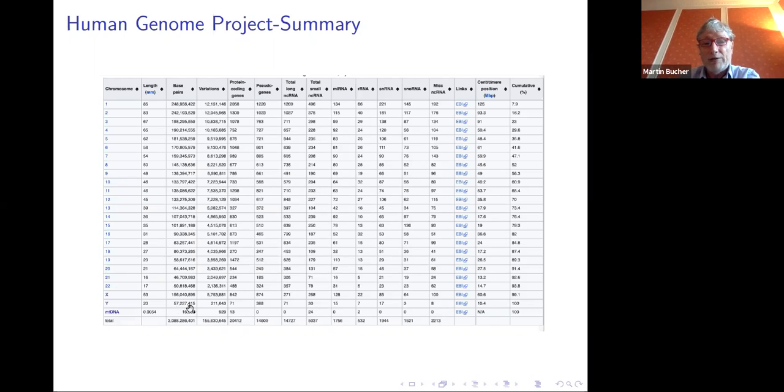The male chromosome is much smaller than the female chromosome, and if you just count genes that code protein, it has less than 10%. So here you see there are about 20,000 genes that are believed to code protein.